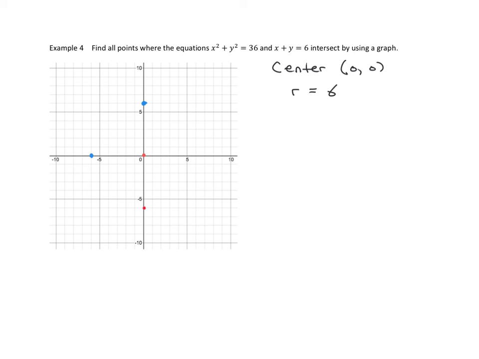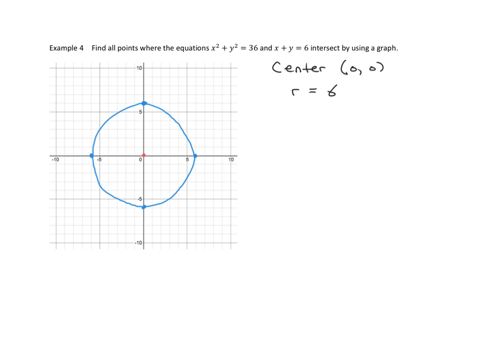If I go 6 in this direction, that is (0, −6). And if I go 6 in this direction, I get the last point that I'm going to use on the circle, which is (6, 0). The equation of the circle will give me this thing as a graph. Not perfect, but close enough.